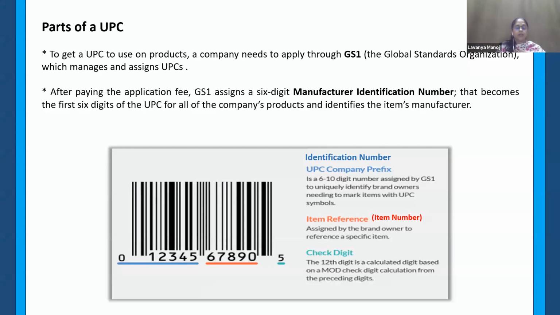For example, I'm a manufacturer of 5 different white t-shirts. One with a collar, one without a collar, one with full sleeves, one with quarter sleeves, and one with a pocket.